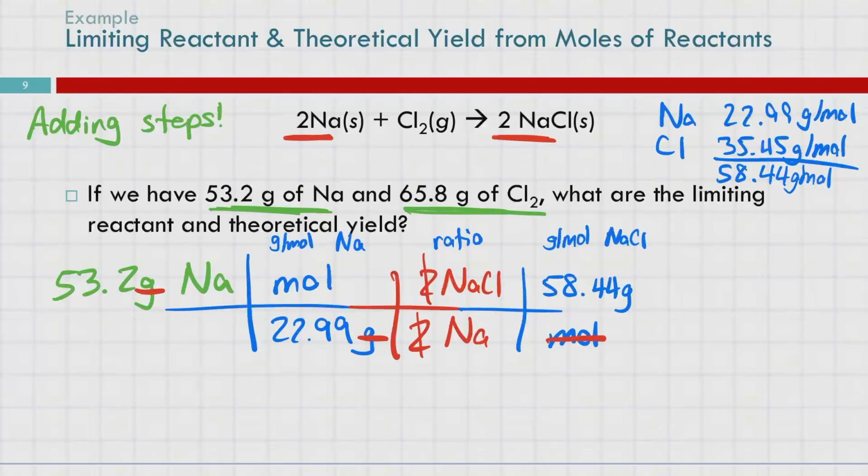And the moles, these red strike-throughs, cancel the moles that we had earlier. The sodium also would have canceled. So the units that we've got left are grams of sodium chloride. So that'll give us some amount of grams NaCl.